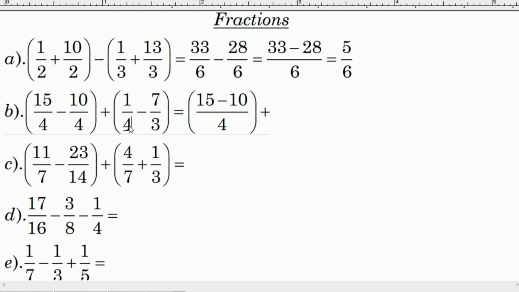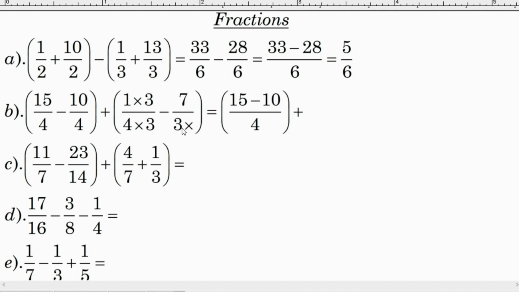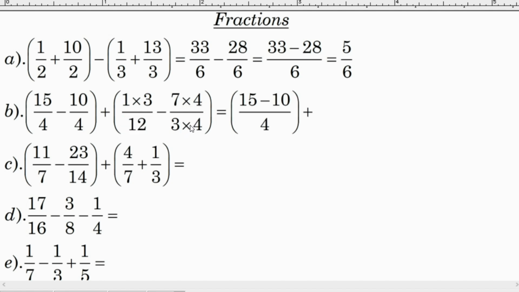So then we have to multiply 4 with this 3, and 1 also multiply with 3, and then here we have to multiply with 4. So as we can see, the denominator equals 12.